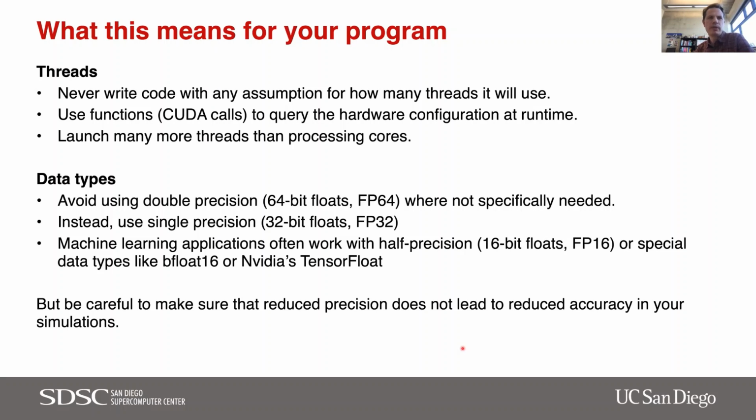I believe if you use frameworks like PyTorch, that is pretty straightforward, as opposed to, say, a scientific application that you write from scratch. When you do that, make sure that reduced precision does not lead to reduced accuracy in your simulations. That's just one thing to keep in mind, and it's very important.